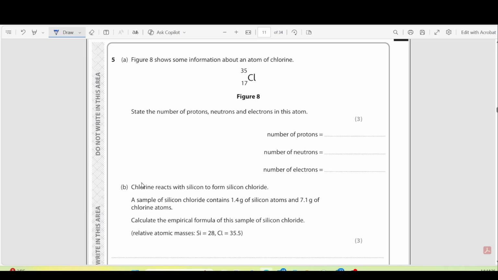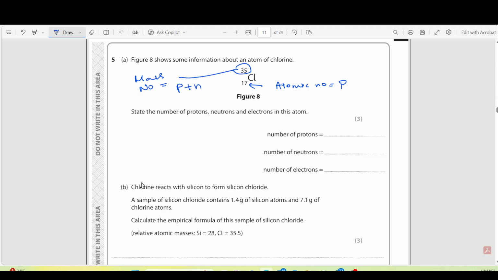Next question is this, where a chlorine atom is given. At the bottom we have the atomic number. Atomic number means number of protons, and this is the atomic mass, or we can say mass number. Mass number is the number of protons plus neutrons, which are inside the nucleus.